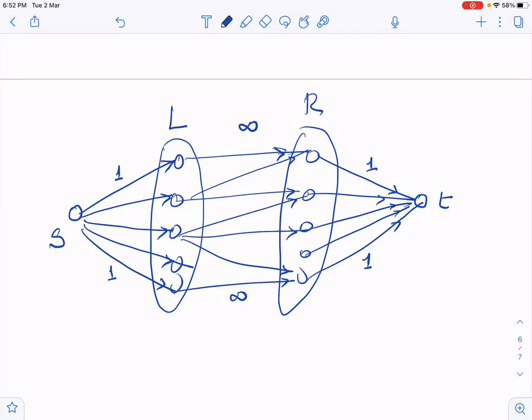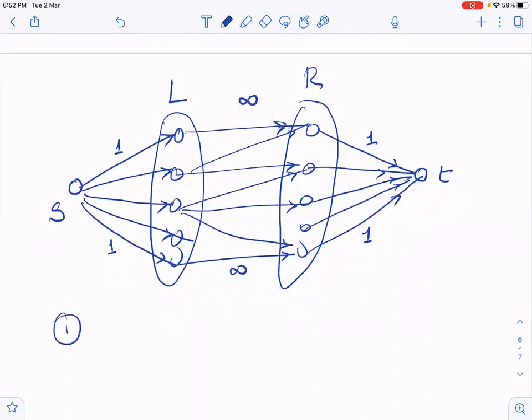And the first claim that I have is something very simple that you can easily see.